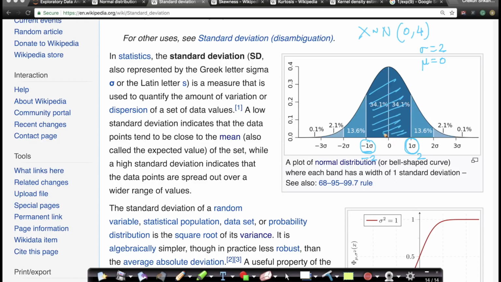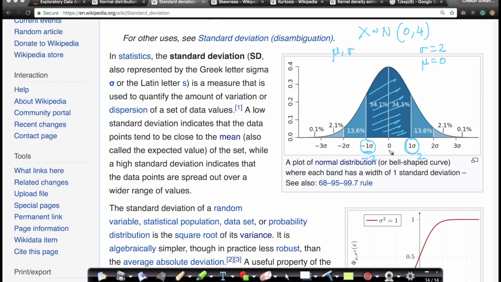Just imagine, for example, if I know that heights of humans follow a Gaussian distribution, and if I have the mean height, and if I have the variance or the standard deviation of heights, I can tell you that 68% of humans have a height between this number and that number.